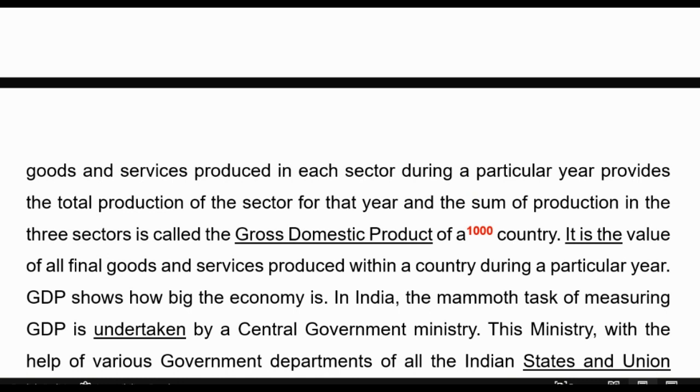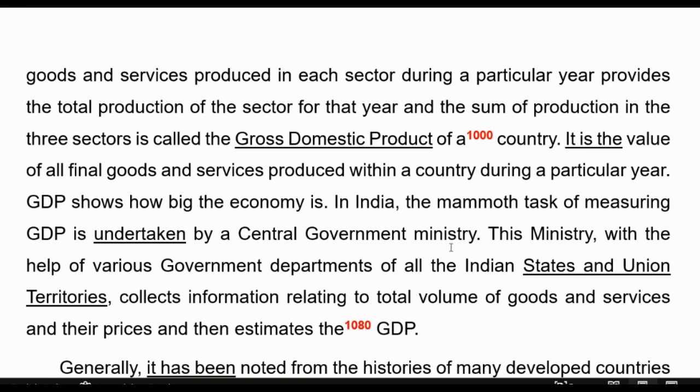In India, the mammoth task of measuring GDP is undertaken by a central government ministry. This ministry, with the help of various government departments of all the Indian states and union territories, collects information relating to total volume of goods and services and their prices, and then estimates the GDP.